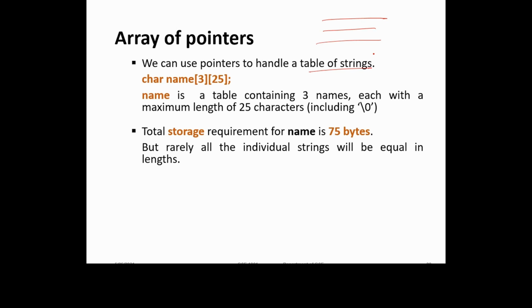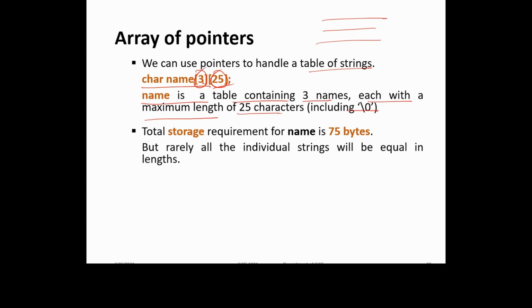how can we store a two-dimensional string. So this is a character array, two-dimensional character array. So it denotes simply there will be 3 strings and size of each string will be at max 25 characters, including the null character. So name is a table containing 3 names, each with a maximum length of 25 characters, including the null character.